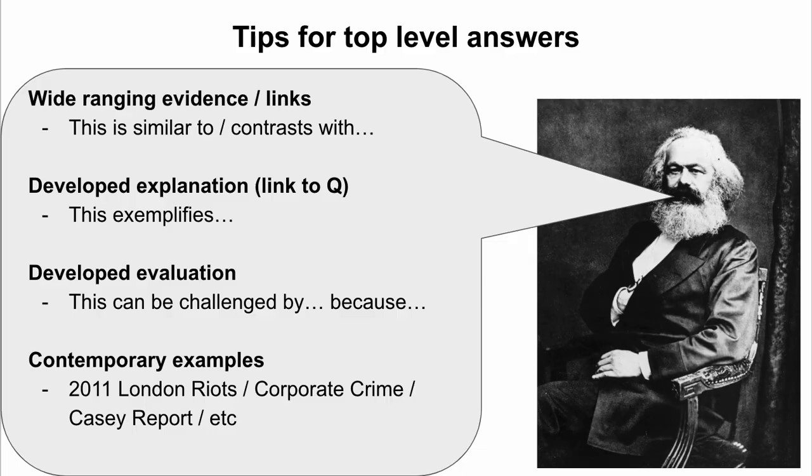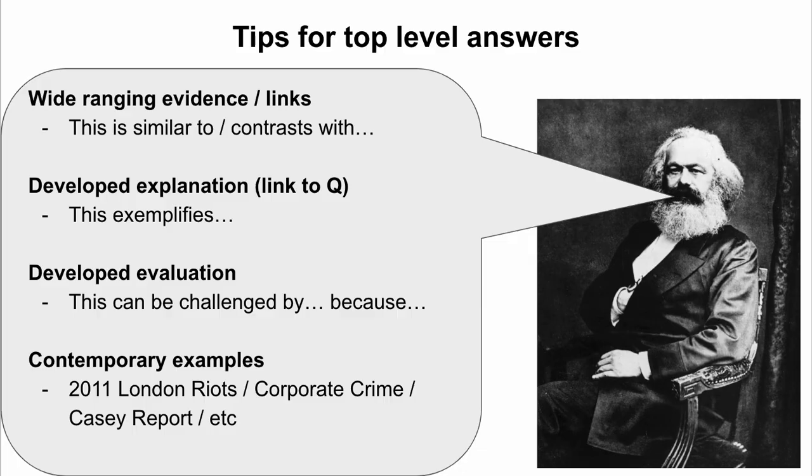As I showed in the exemplar paragraph on evaluation, bring in evidence to evaluate the perspective in the question. So use sentence starters like this is similar to, this contrasts with, this has been challenged by, this is supported by. So try and make the evidence really wide-ranging.